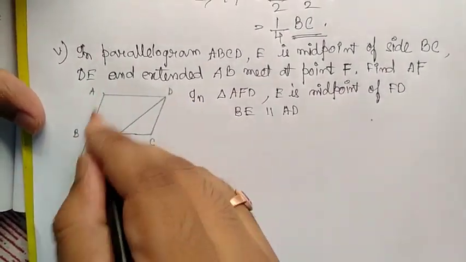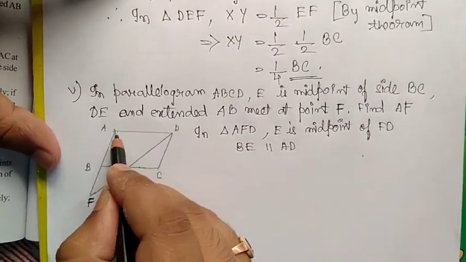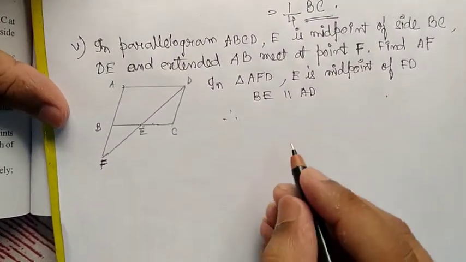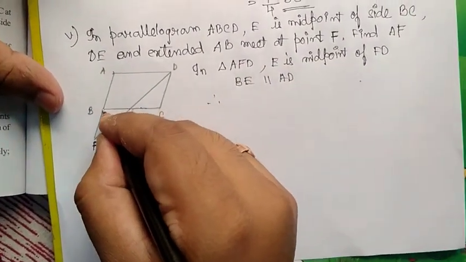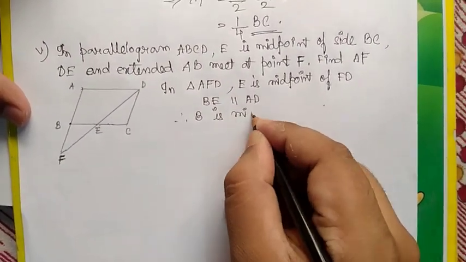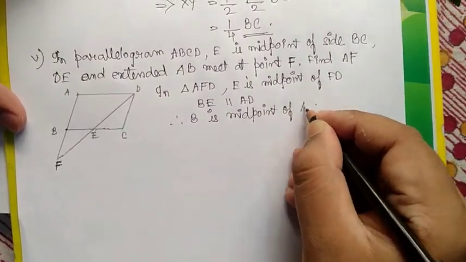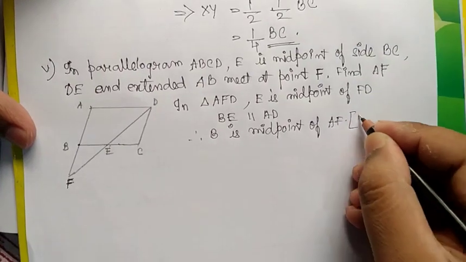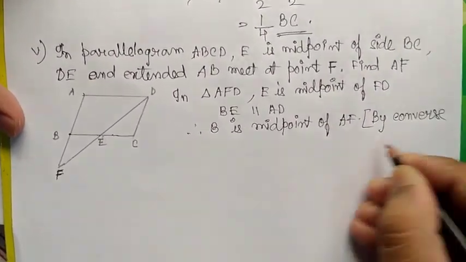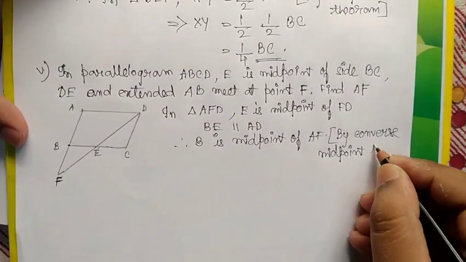BC is parallel to AD, the opposite side of the parallelogram, so BE is parallel to AD. So we can say B is the midpoint of AF by the converse midpoint theorem.